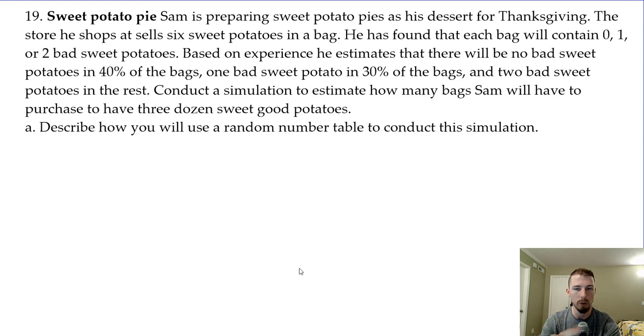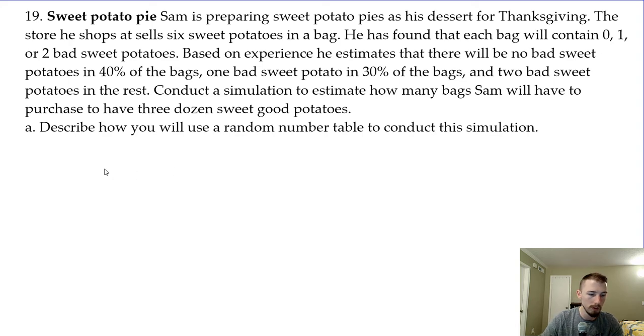So we had 40 and 30, which is 70%, meaning an additional 30% are going to be in the rest. Conduct a simulation to estimate how many bags Sam will need to purchase to have 3 dozen good sweet potatoes. So he's looking for 36 good ones, and how many bags does he have to buy before he gets 36 good ones? All right, describe how you use a random number table to conduct the simulation.